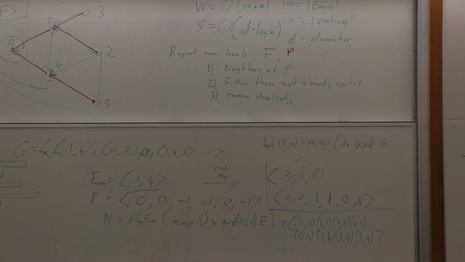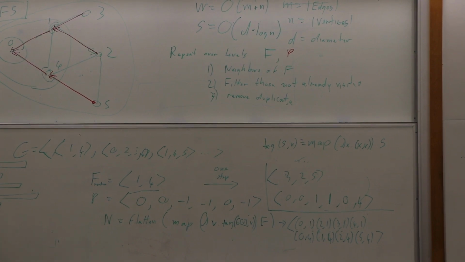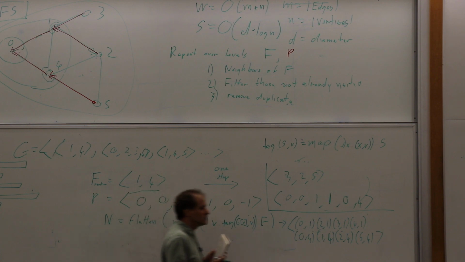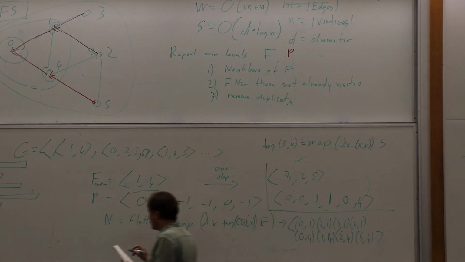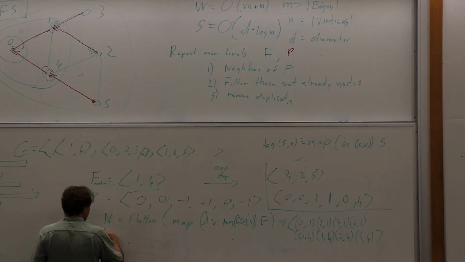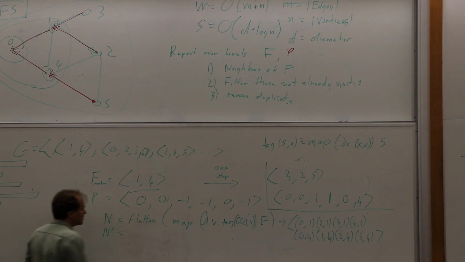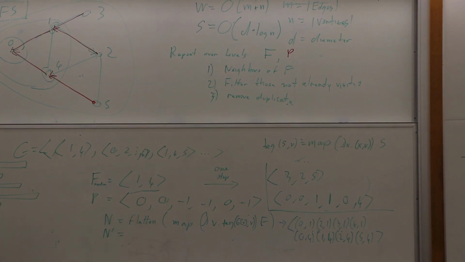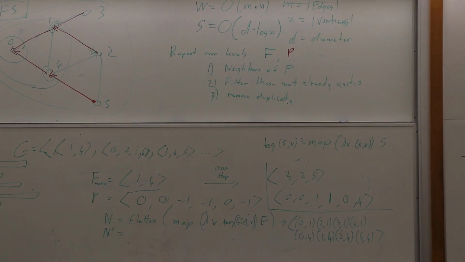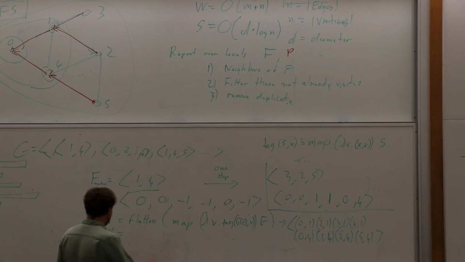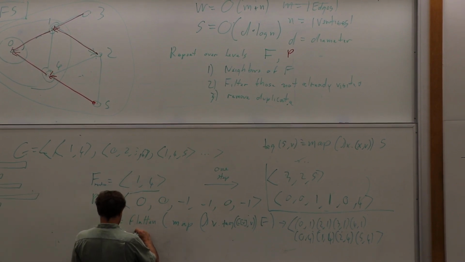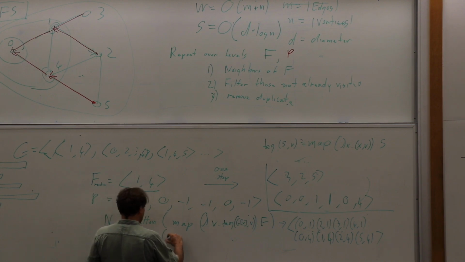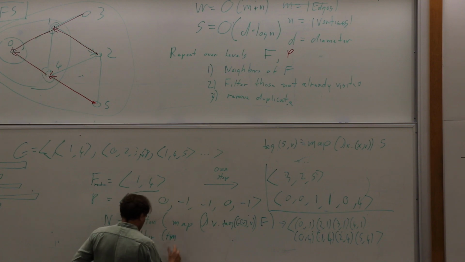Okay, so that's my find the neighbors, and I find the tagged neighbors. Then I can trivially, let me call it neighbor primes, I can trivially filter out the ones which are already visited, right? Because I can basically do a filter, and my function is just going to check if it's visited.